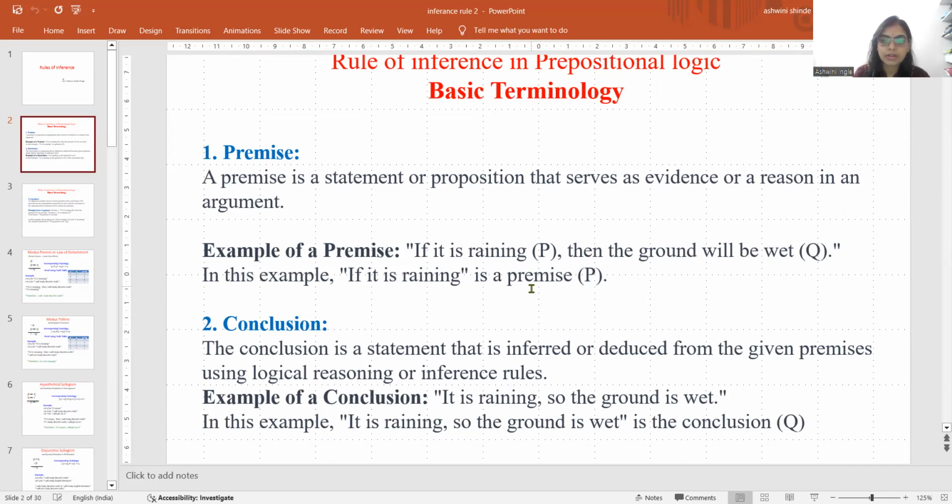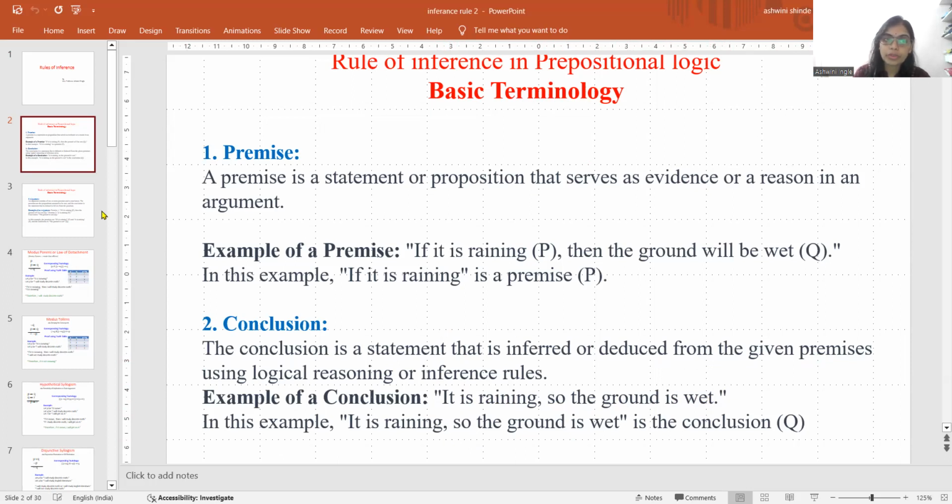Now the next basic term is conclusion. We already understand, I think, what a conclusion is. The conclusion is a statement that is inferred or deduced from the given premises using logical reasoning or an inference rule. Same example here: it is raining, so the ground is wet. So the ground is wet is your conclusion.